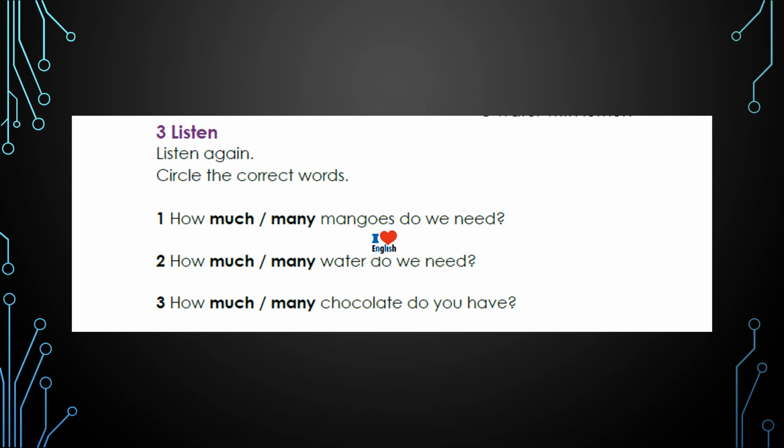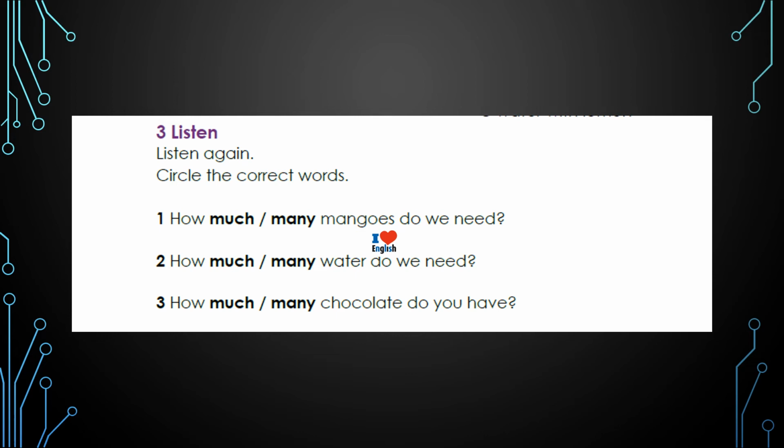Again, if we want to ask about water, which expression will we use? Is it much or many? Number 3, how much or many chocolate do you have? If we want to ask about chocolate, which is an uncountable noun, which expression shall we use? Is it much or many? Let's listen, and while listening, you have to choose the right words.